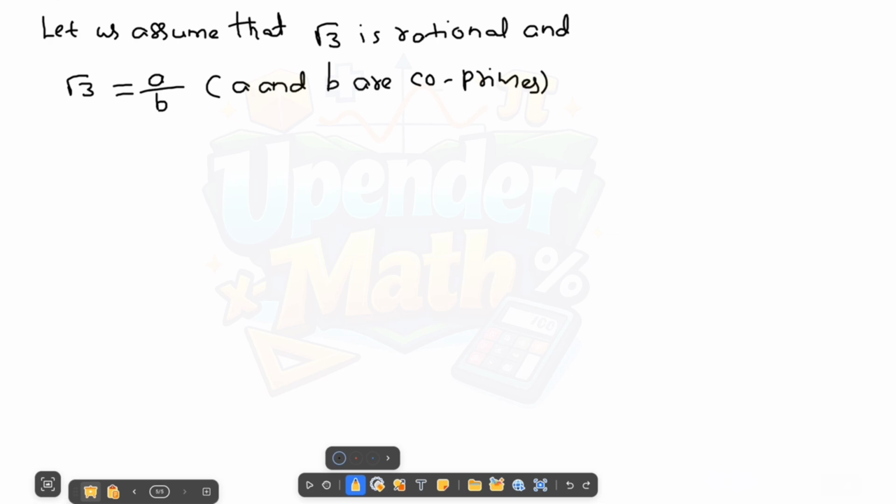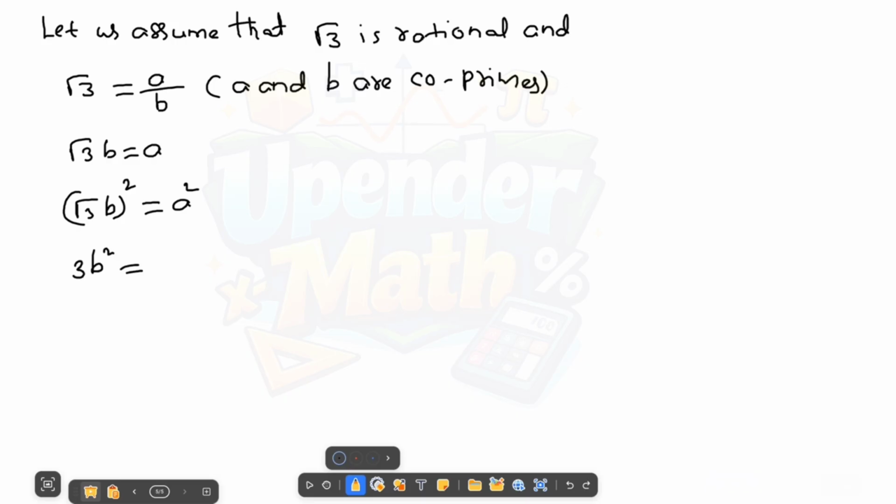So bring b to the left side. Root 3 into b is equal to a. Now squaring on both sides: root 3b whole square is equal to a square. Now root 3 whole square is 3 and b square is b square.